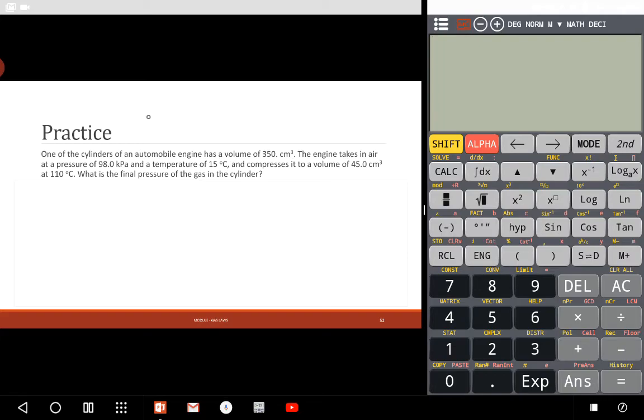Okay, since things are changing, use the combined gas law. So we got to use this combined gas law here. So now we got to plug in our variables. So this is V1 and this is a pressure. So that's P1 and that is T1.